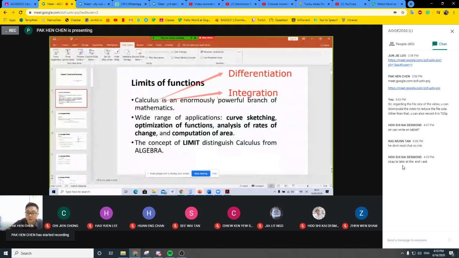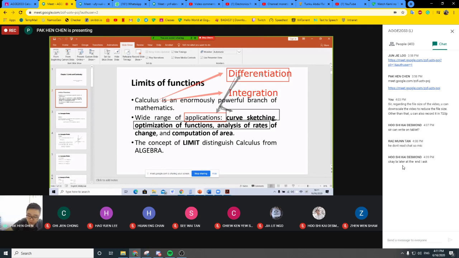For differentiation, we're going to learn how to use the differentiation method for curve sketching, optimization, and also rates of change.